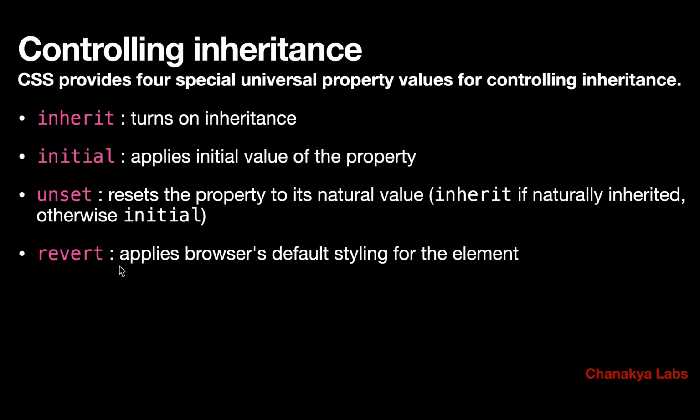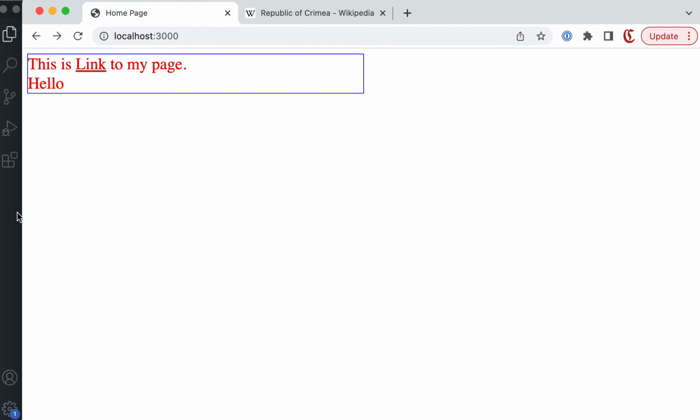What revert does is that it applies the browser's default styling for that element. These other things were working on the property's value, the property's initial value, the property's natural value, the property's inheritance. But here, the default behavior of the browser for that element in that property, whatever that is, is actually applied.